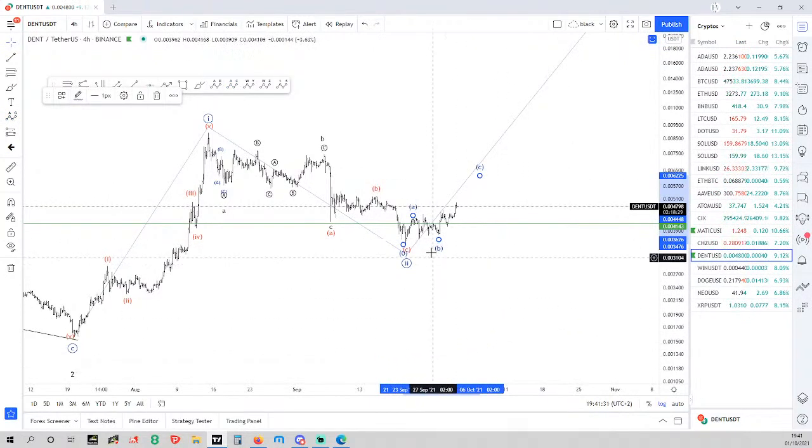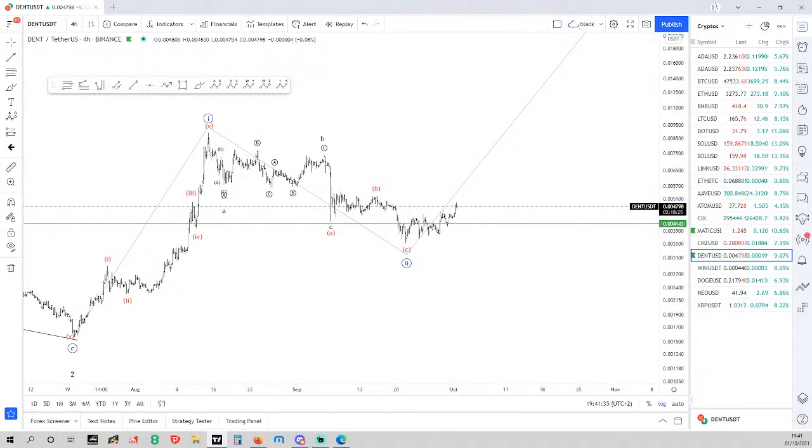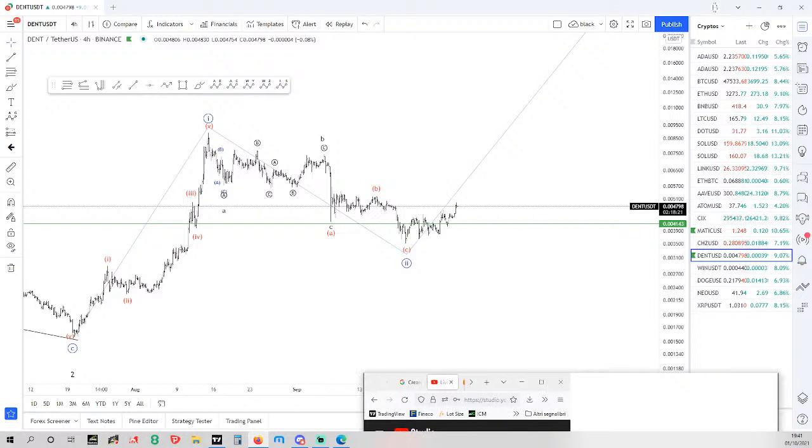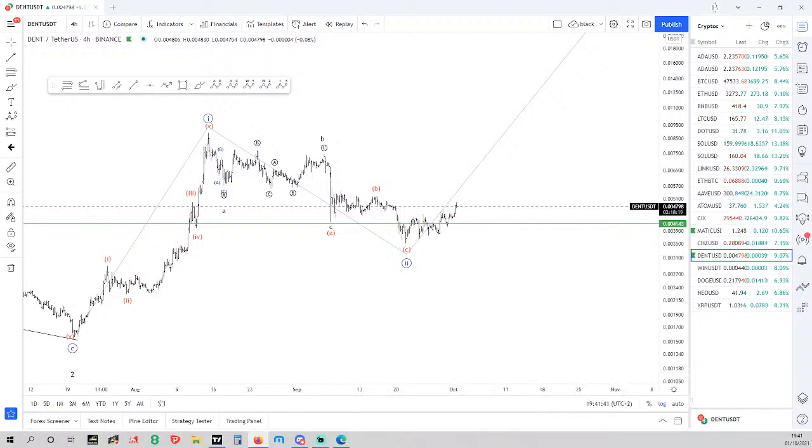Not sure which one, but some degree. So yeah, I think it's pretty interesting, to be honest. And basically, as you can see, where I entered was a pretty good spot.